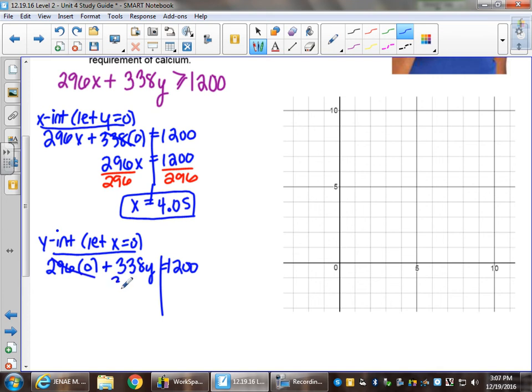That's gone. 338y equals 1,200. I'll divide both sides by 338. So we've got 1,200 divided by 338, and that gets us 3.55.